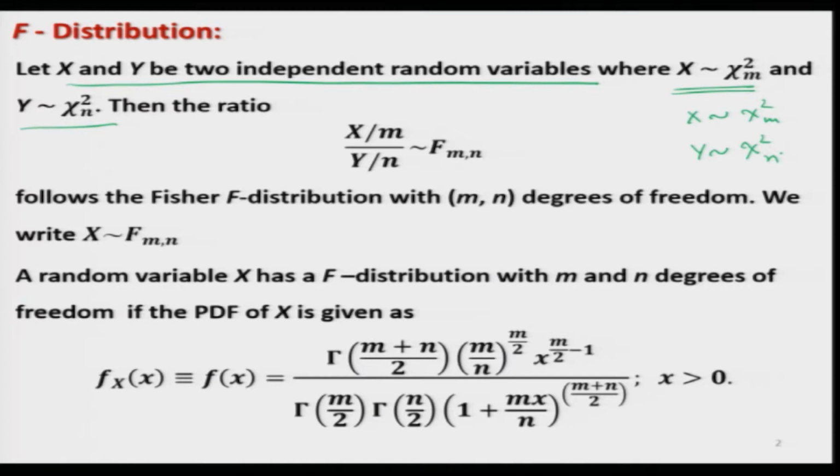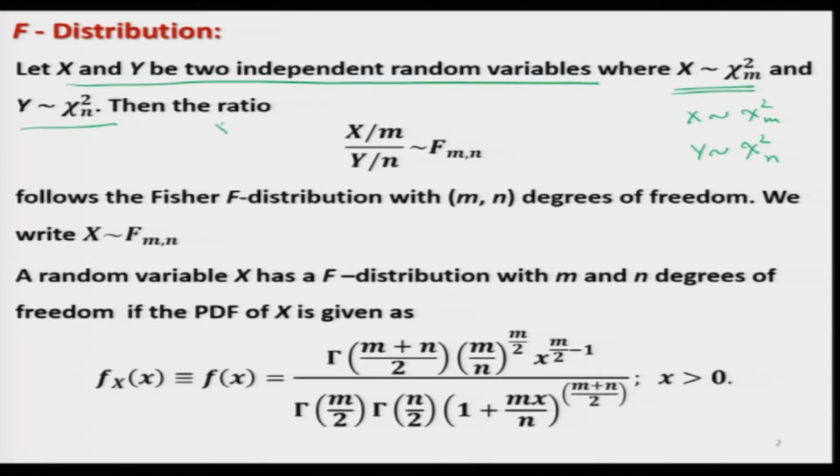Well, m and n can be the same also, there is no issue. Now, in case you try to divide both the random variables by their respective degrees of freedom and then take their ratio, what are you going to do?